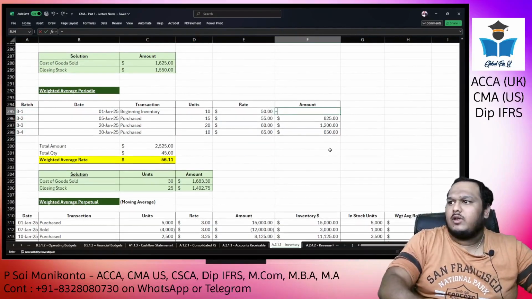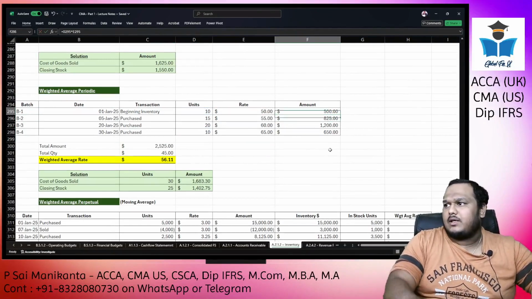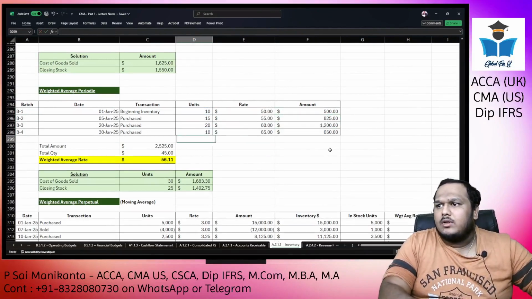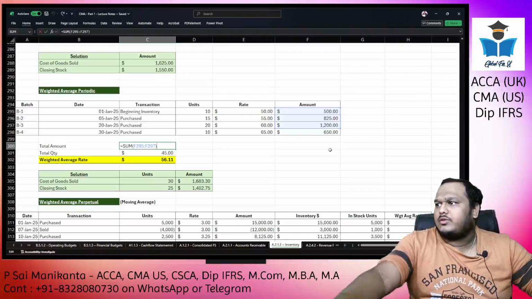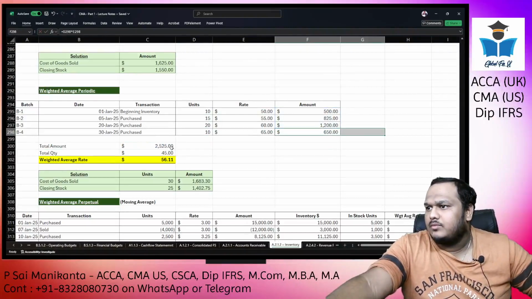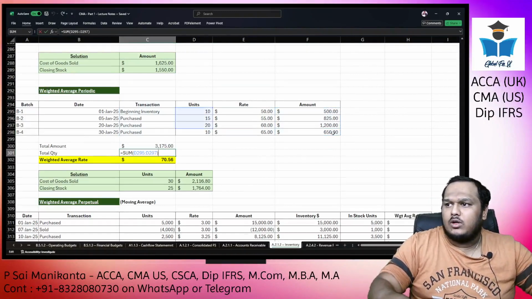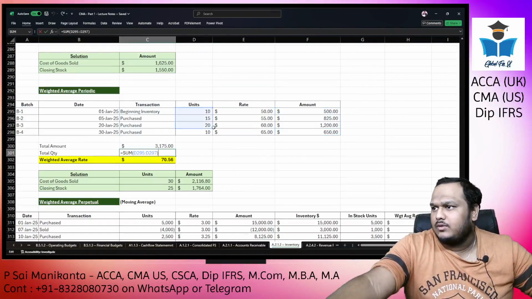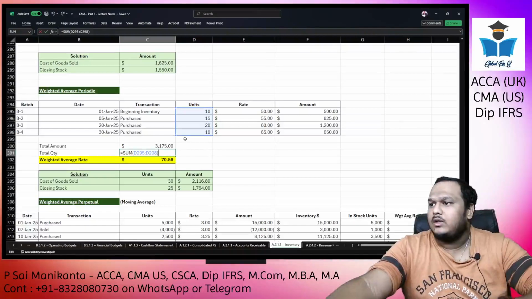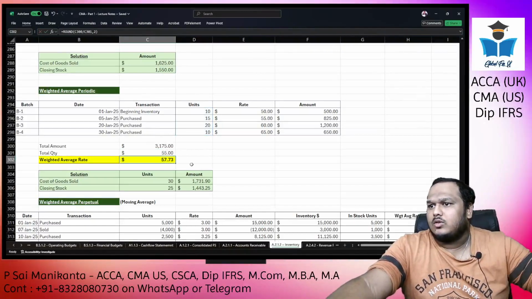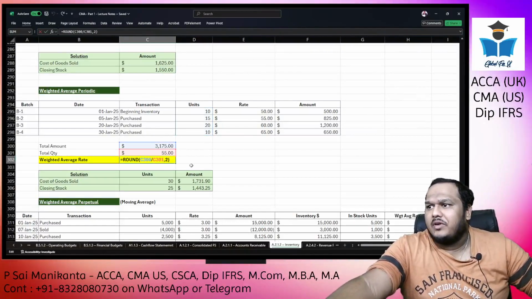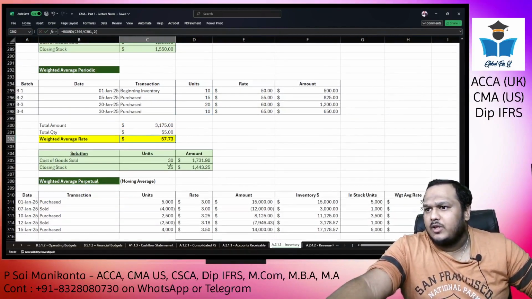So amount will be that multiplied, then total amount is that, and total quantity is that. So weighted average rate will be total amount divided by total quantity, so 57.73.